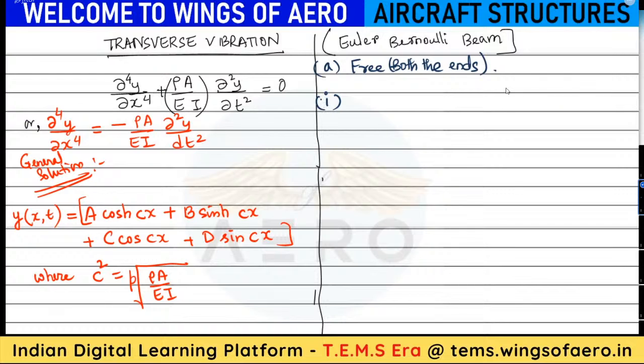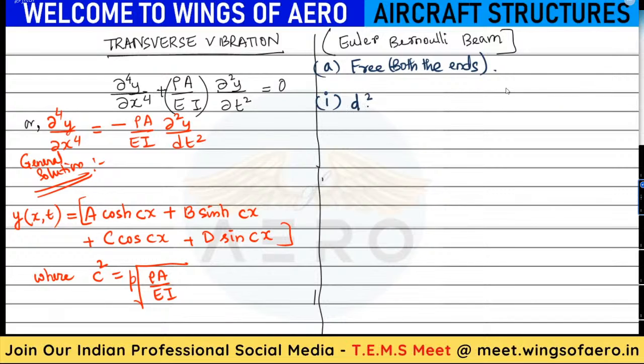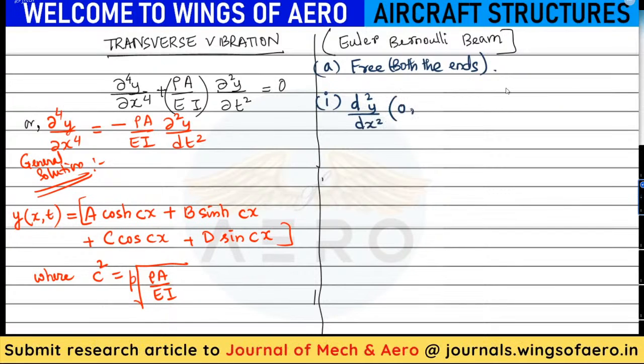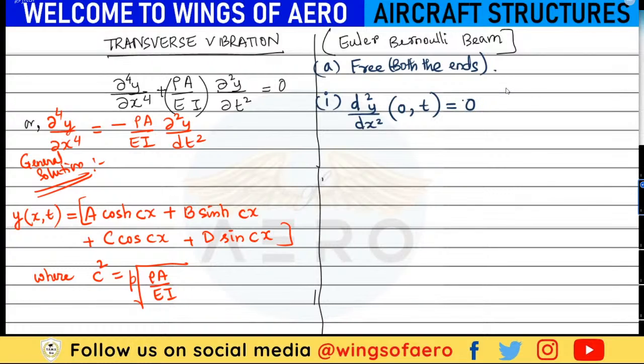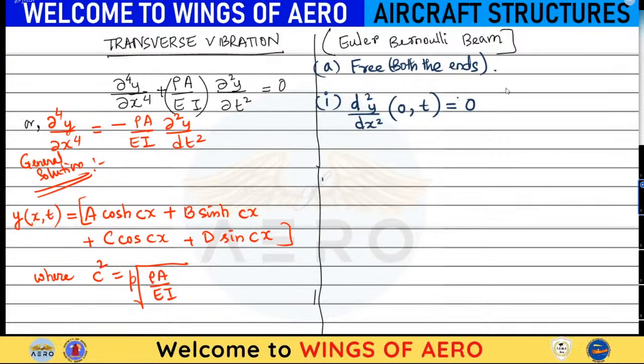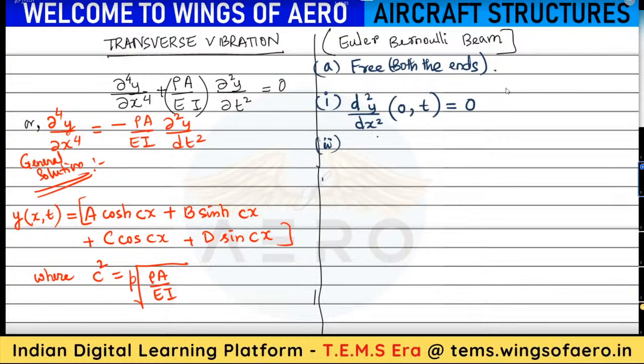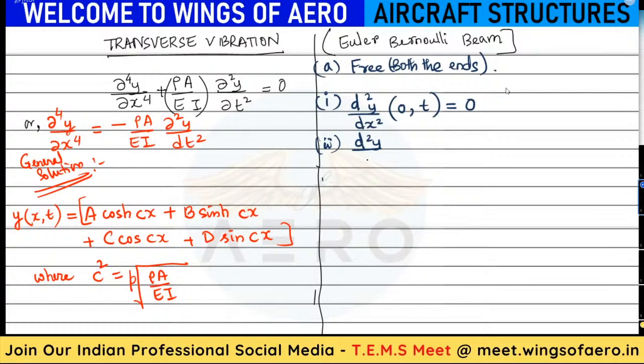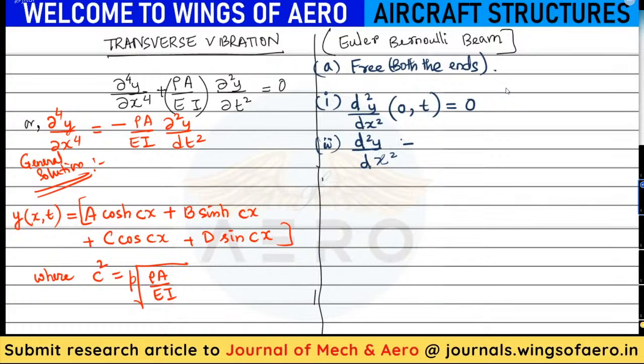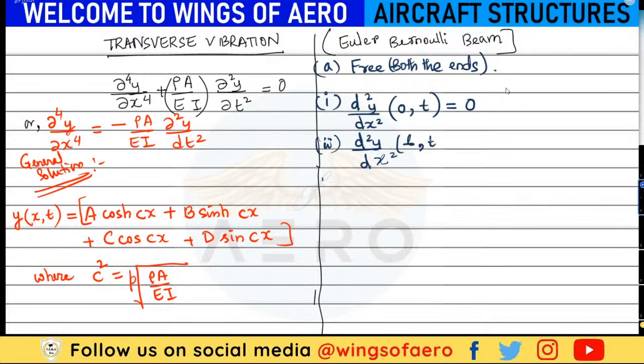For the first one, d square y by dx square, when x becomes 0, t being as it is, equals 0. Second one, d square y by dx square of L comma t equals 0.